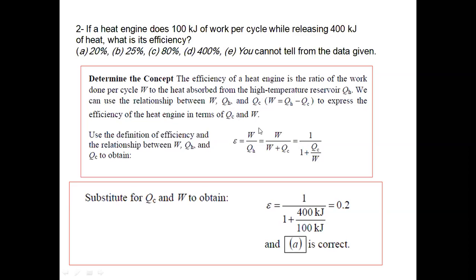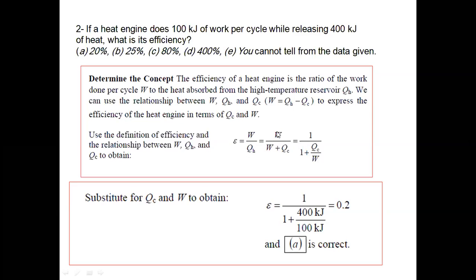So the efficiency equals the work over QH, and the work divided by QH now equals the work divided by the work plus QC, because the work equals QH minus QC.